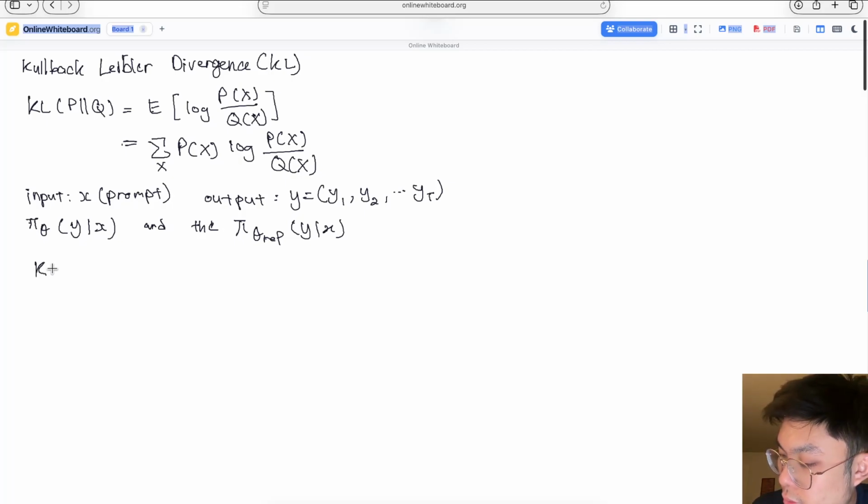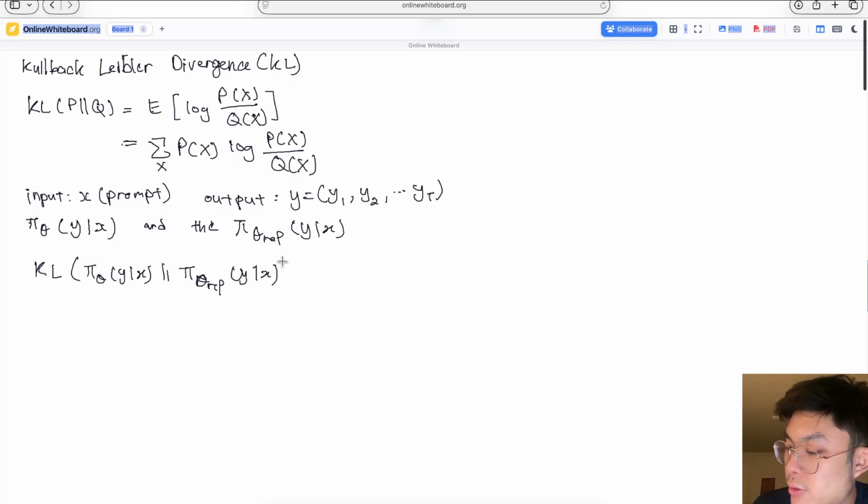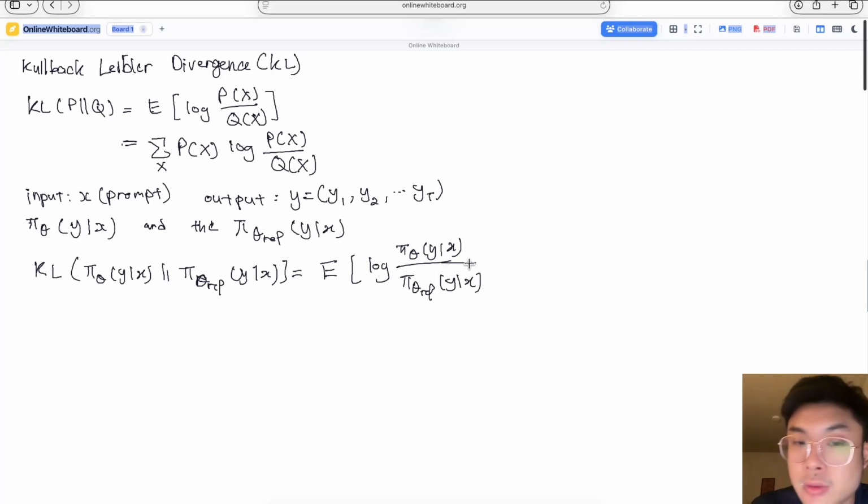The KL of pi theta and pi reference of y given x will just be the expectation of the log of pi theta over pi reference of the output sequence given the input prompt.